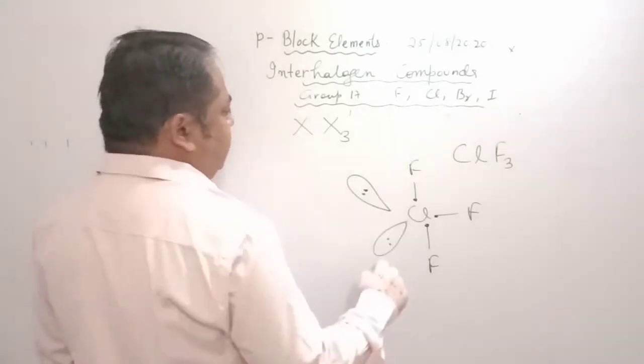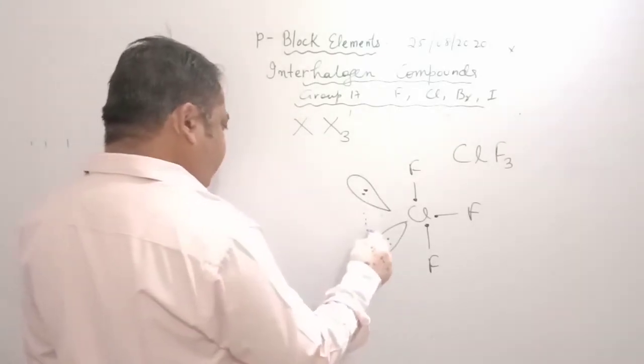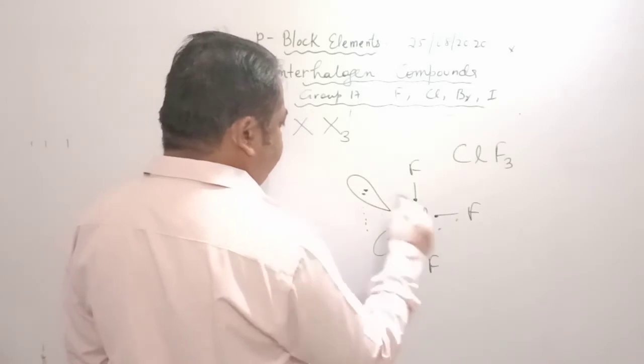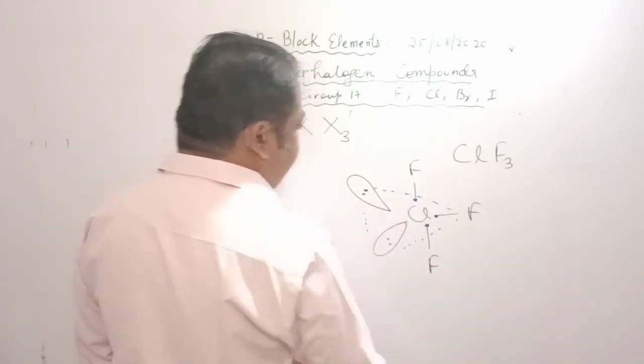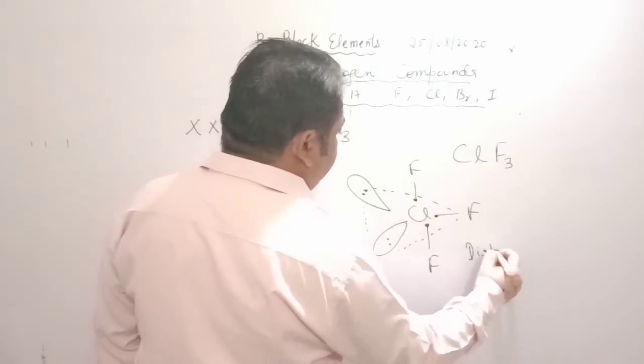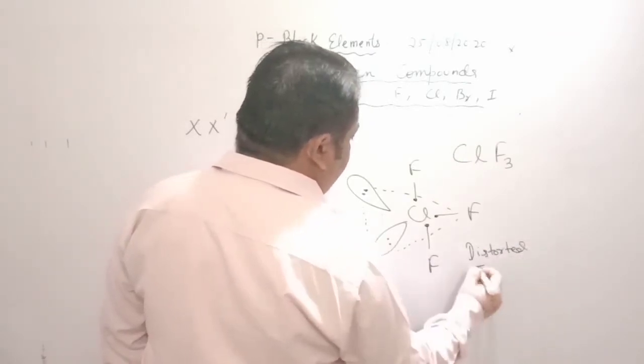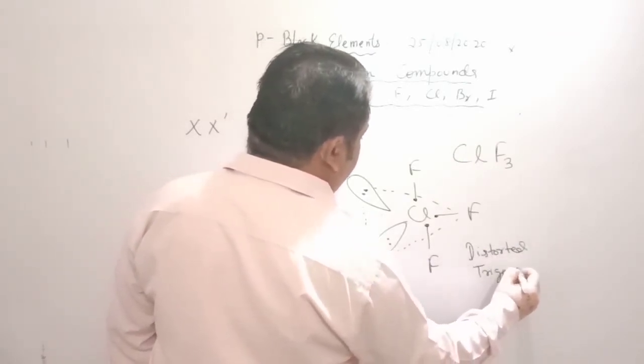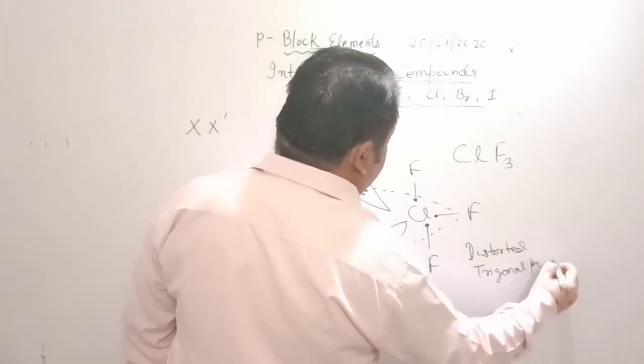Although it is assuming a TBP kind of structure, it is assuming a distorted trigonal pyramidal structure.